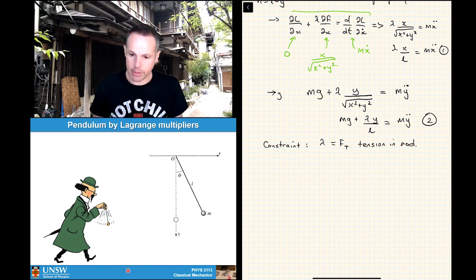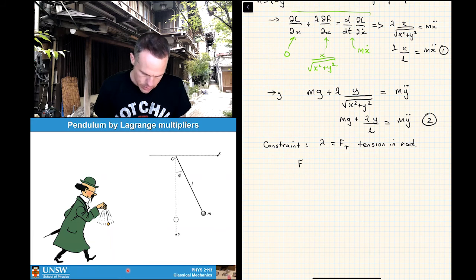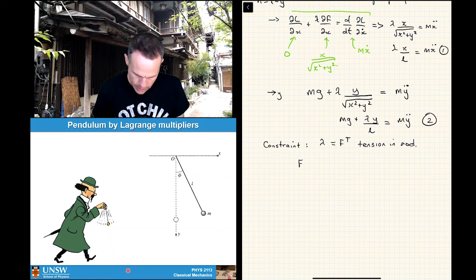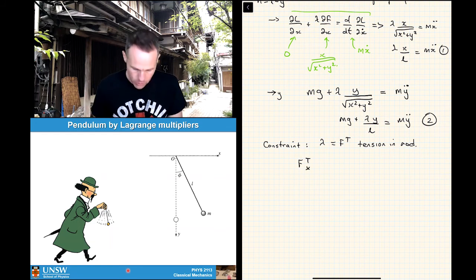And I'm going to use lambda to get me this thing, right? So what I know is that the tension, let me just put the T up the top so I can keep my components happy. F_T, not down there. So F_T of x, just the x component here, I can pull out just using my Lagrange multiplier, right? So it's going to be lambda df/dx.